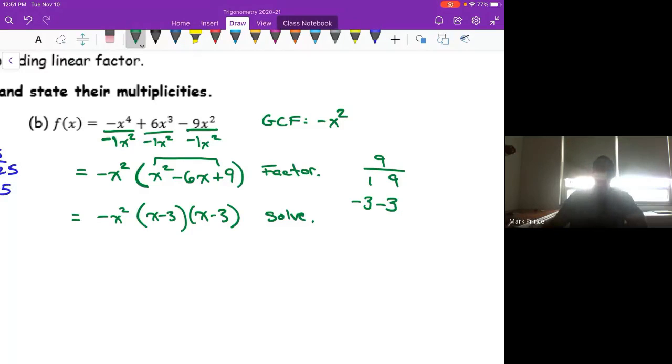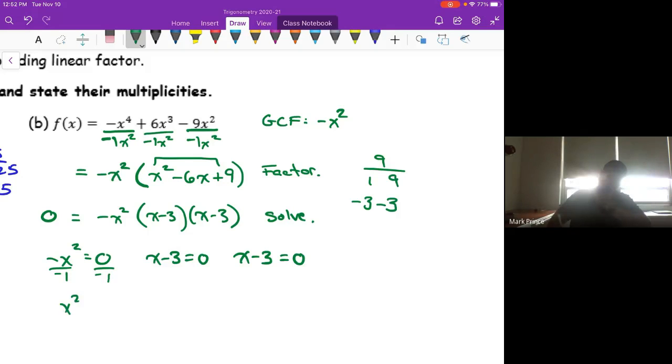Now we'll solve. All right, so we're solving these ones out. I'll divide by negative 1.